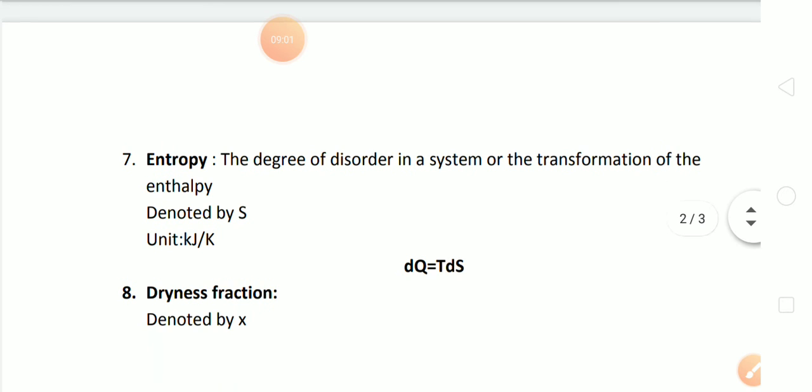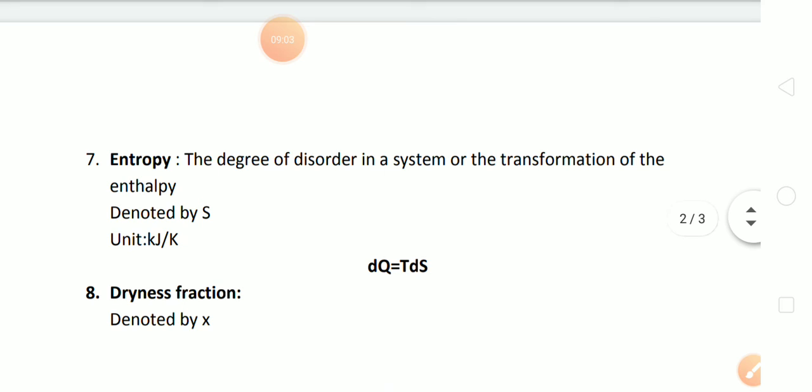Now the next one is entropy. Entropy is simply the degree of disorder in a system or the transformation of enthalpy. I know that you have not understood the meaning of this sentence, so I will give an example of degree of disorder.